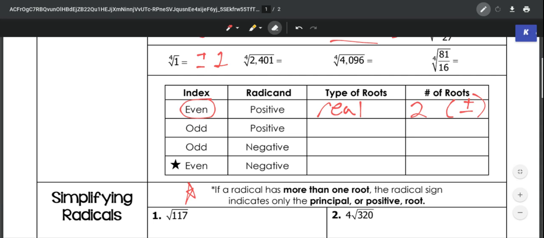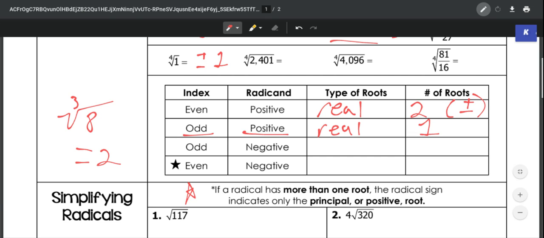And that would be plus or minus 2, or typically we just say 2. Now when we look at an odd index, so that's like a cube root. So if we were looking at a cube root of 8, that would check the box of having an odd index and a positive radicand, or whatever's under the radical. We're going to have a real root, and we're only going to have one answer out of that.